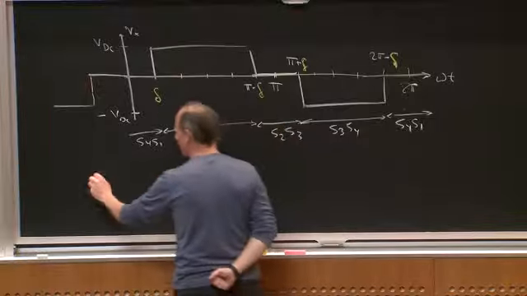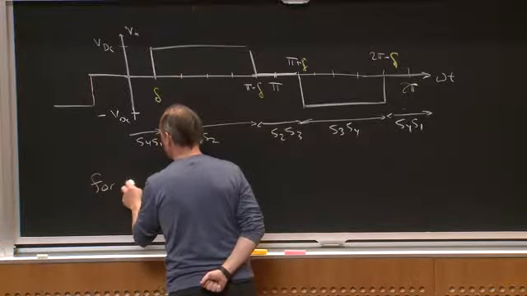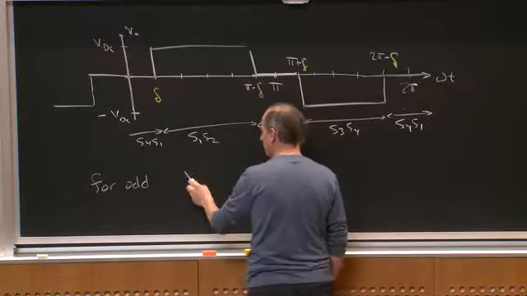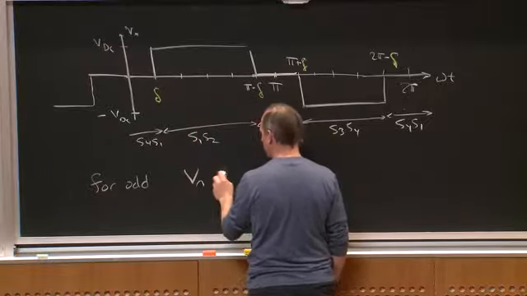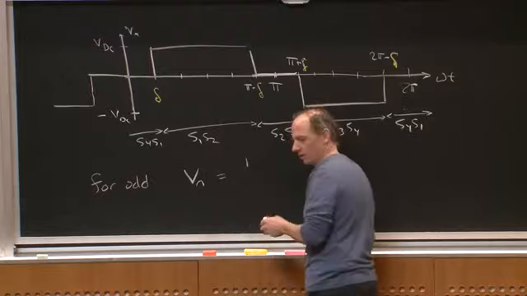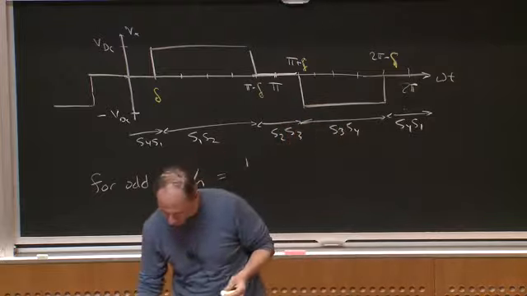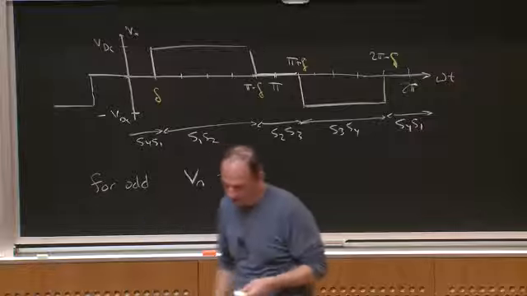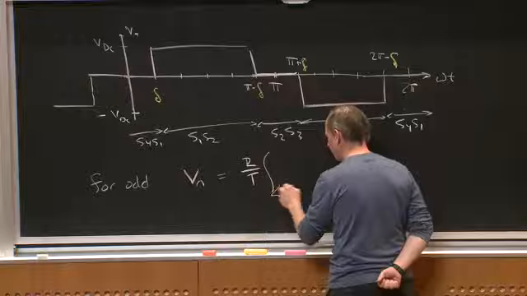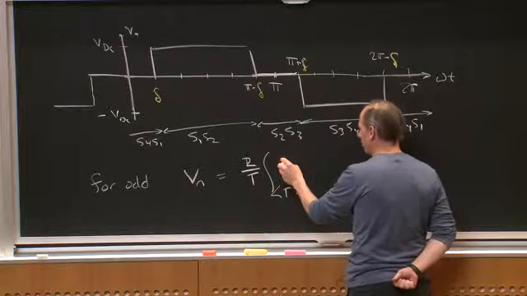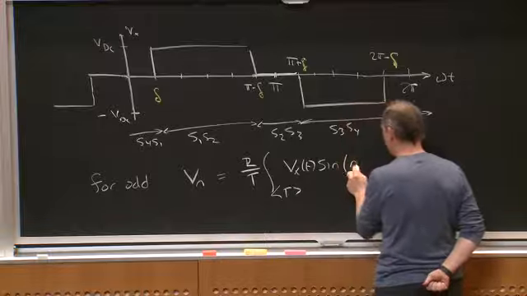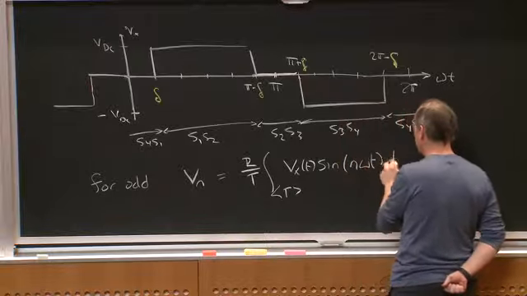But for an odd waveform, what I get is the nth harmonic component is simply going to be equal to 2 over T times the integral over the period of Vx of t sine of n omega t dt, okay?